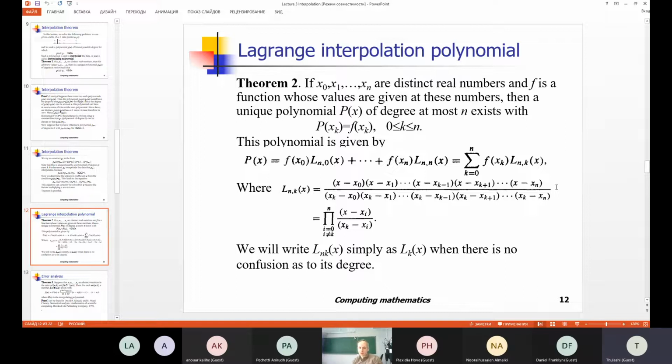And this polynomial can be written in the following form. P of x equals f of x0 times L0 of x plus f of x1 times L1 and so on, f of xn times Ln. This is the same sum in a short form.